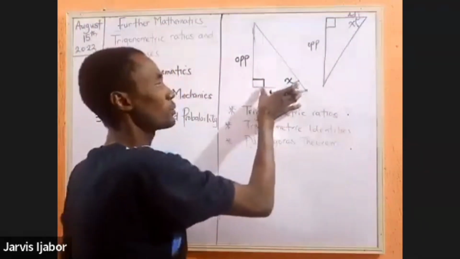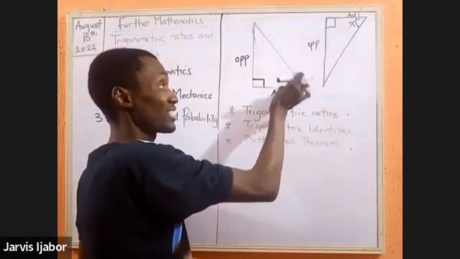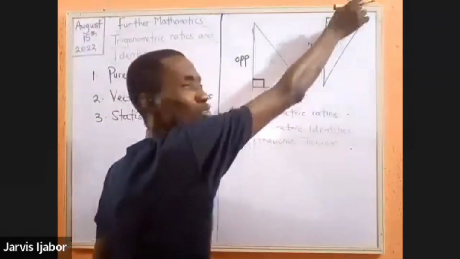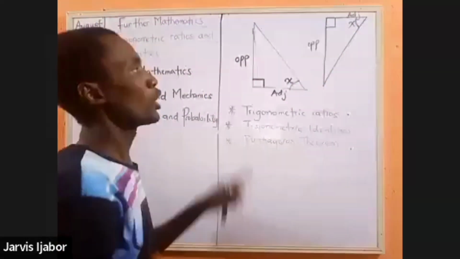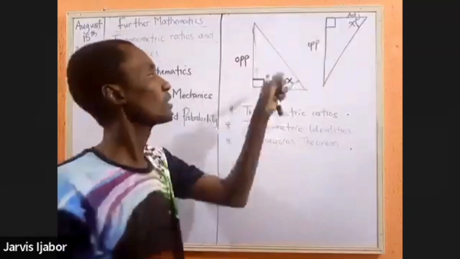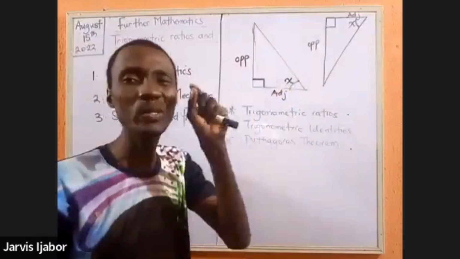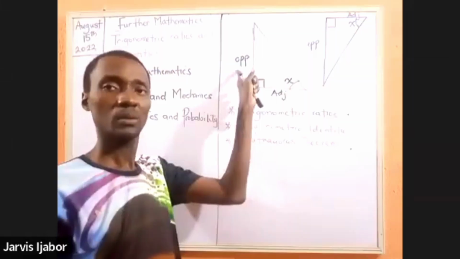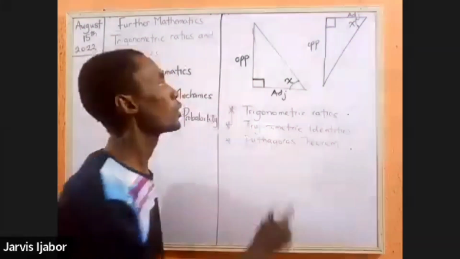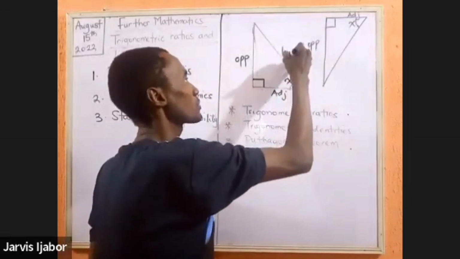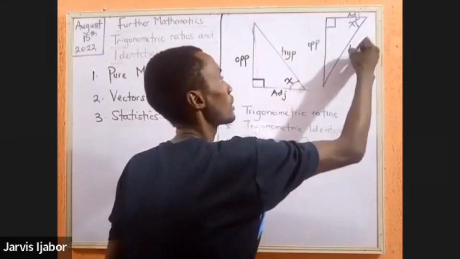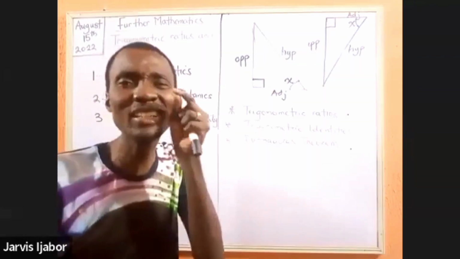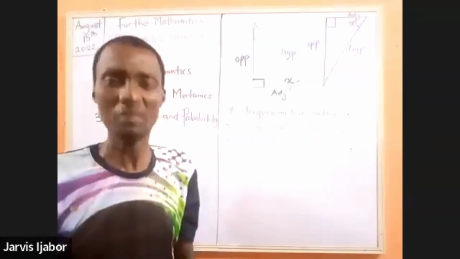The opposite is always the side the angle sees. Now, this is what we call the hypotenuse. The hypotenuse is where 90 degrees is seen.